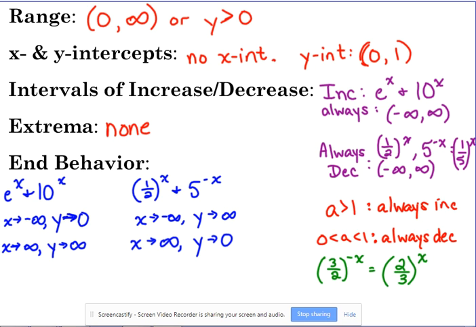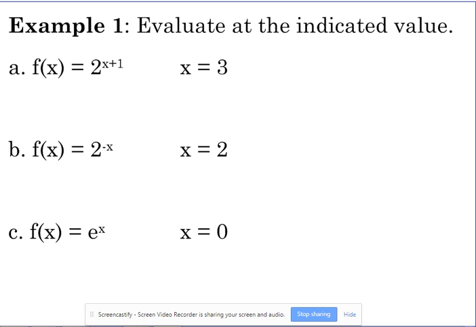Okay? All right, so let's look at this from a little bit more of a function perspective. So if we have the function f of x is equal to 2 to the x plus 1. So we're just adding a 1 in our exponent there. It's still an exponential function because x is still in the exponent, but we're just kind of adding a little bit more to it. And I want to evaluate that at x equals 3.